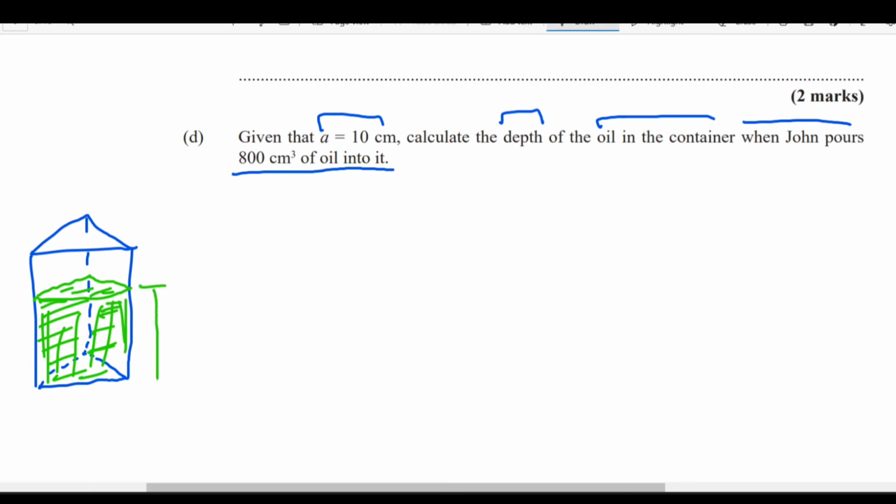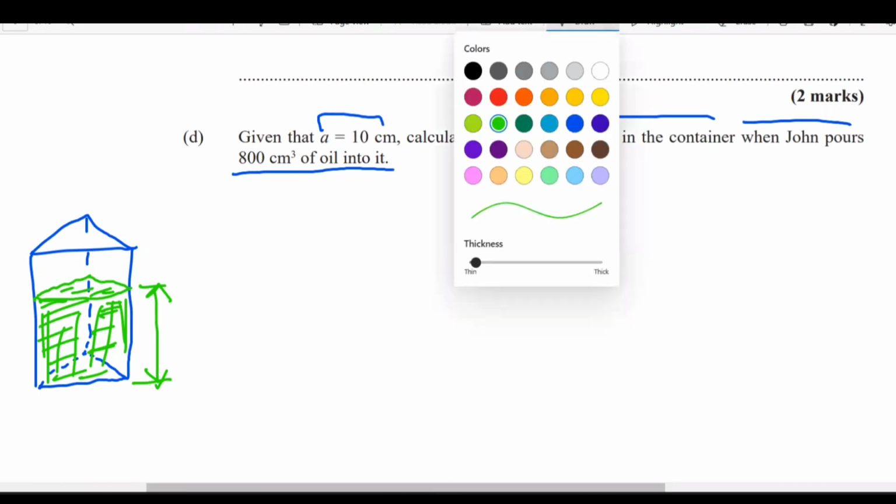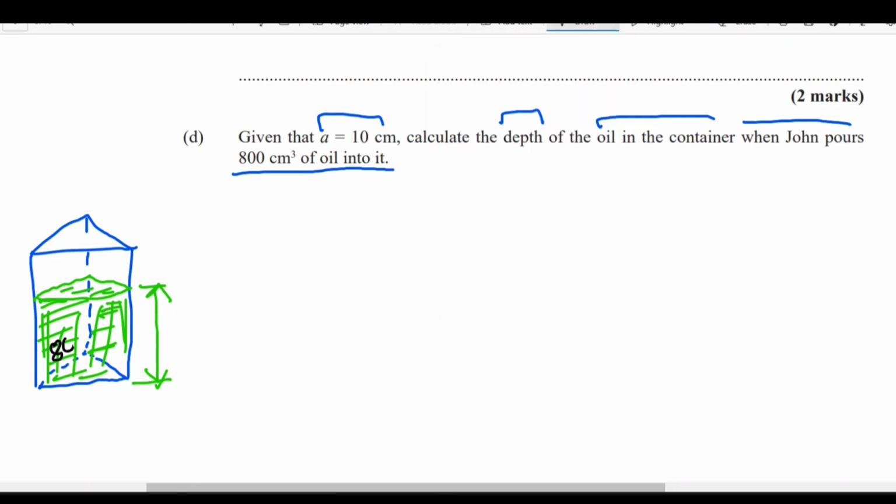So it would have had its height when it was thrown in there. If it did not fill up the entire thing, it's going to come up in the container to a certain dimension. So that's what they are saying to you, that this 800 here would have come up in the container. So in here you have 800 cm cube of oil, and then it would have had some height that we don't know yet.